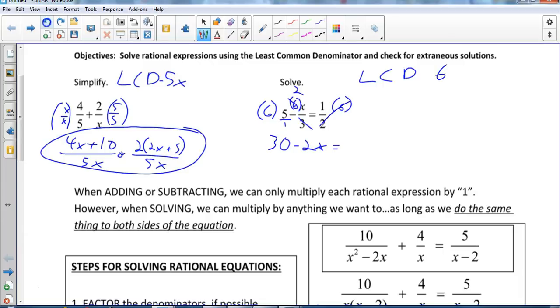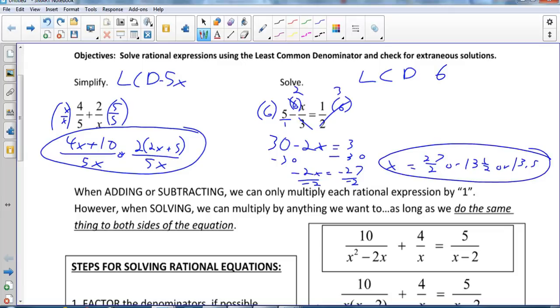Equals half of 6 is 3. And now I'm going to subtract 30 and get negative 2x equals negative 27. Divide by negative 2, and I get an answer of x equals 27 over 2, or 13 and a half, or 13.5. Any one of those is acceptable.